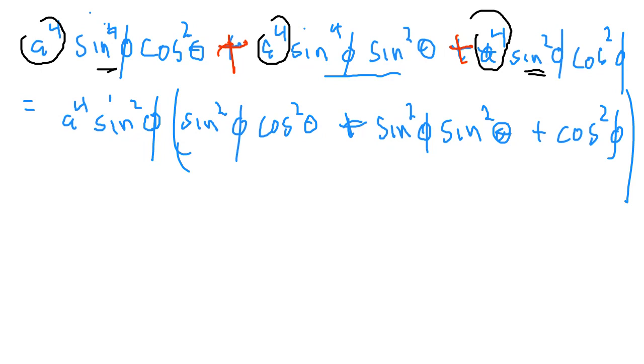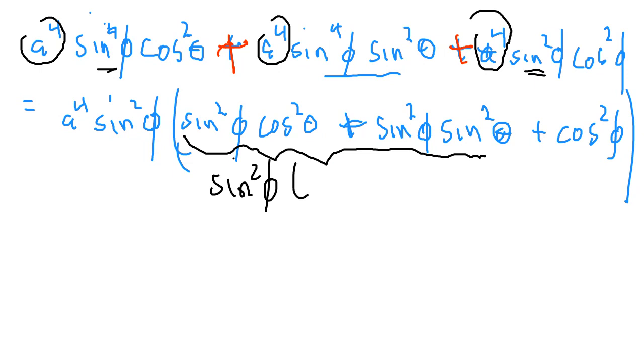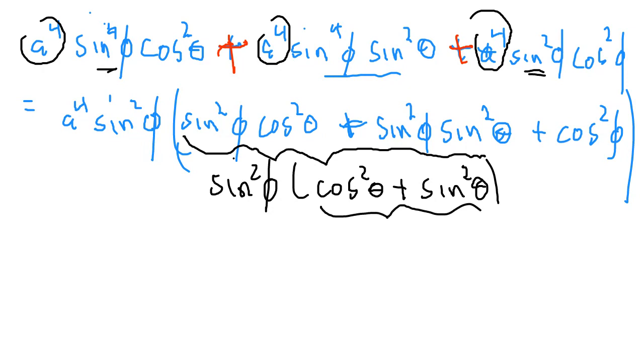All right, so now if we look at this part here, we can factor out the sine squared of phi times cosine squared theta plus sine squared theta. And this here equals 1.